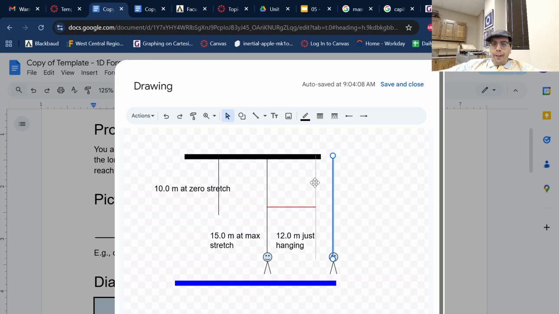And you're waiting for them to pull you back up, then the bungee cord is going to be 12 meters.